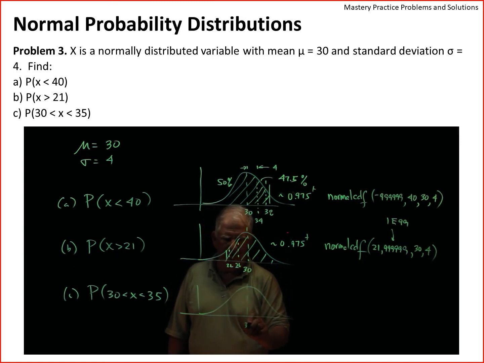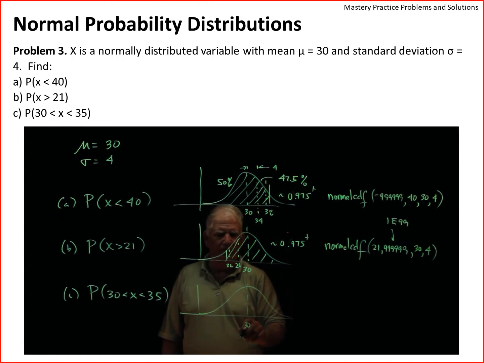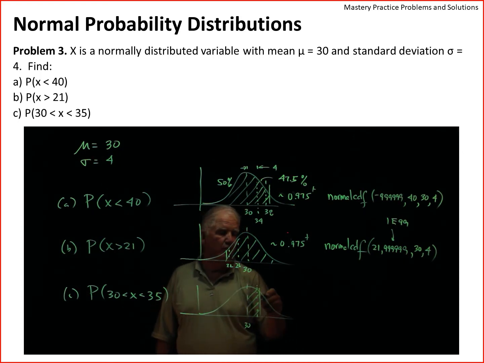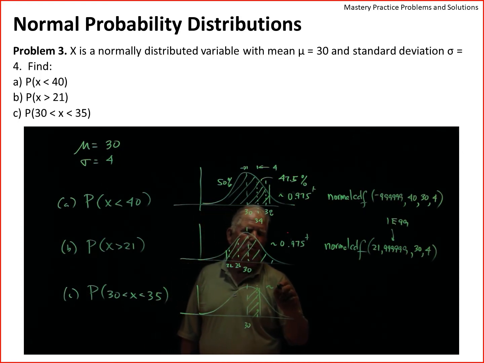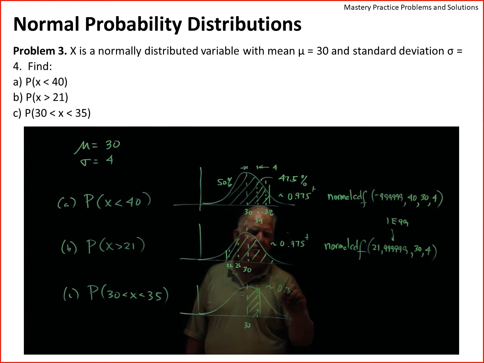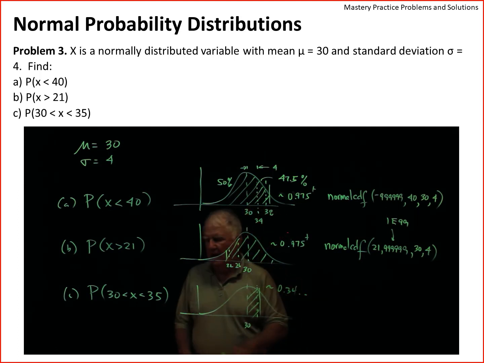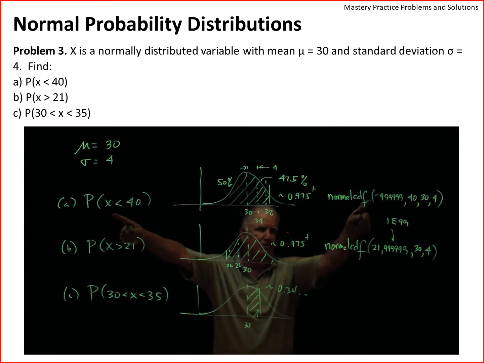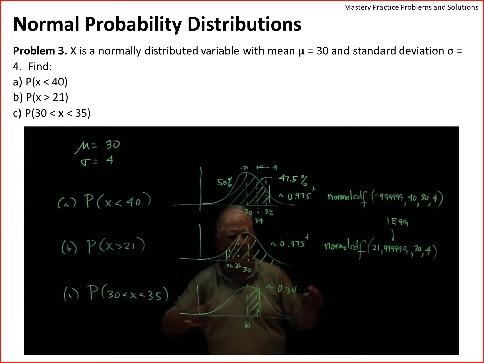Here's my 30. This time I'm going to go from 30 to 35, okay? There's the 34, there's the number you're looking for. This number is about 34%, so this is going to be a little bit more than 0.34 and change. I'm just doing that. That's not necessary at all. You can go from this step to this step.